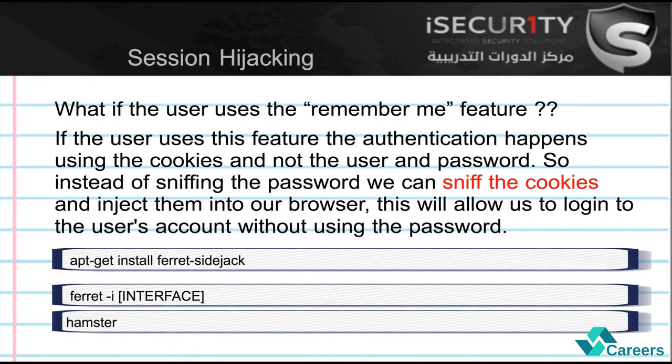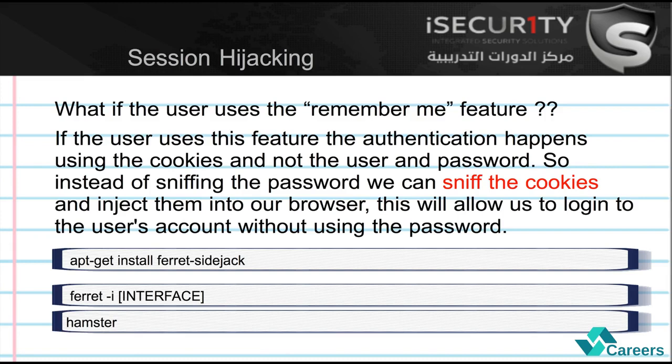The cookies are stored in the browser, and every time the person tries to go to the website, they will be authenticated to their website based on the cookies. So what we can do is sniff these cookies and inject them into our browser, and therefore we'll be able to log into the account without entering the password, exactly the same way that the target person is being authenticated to their account.